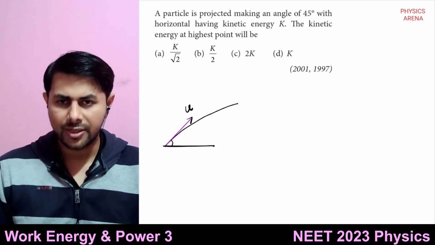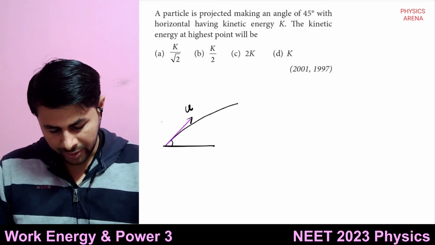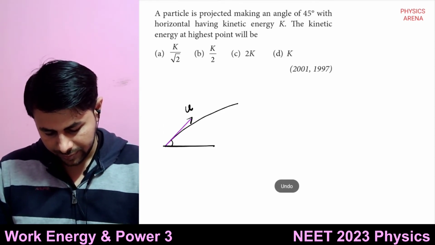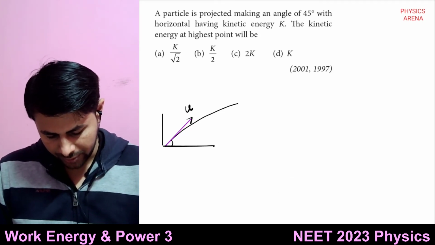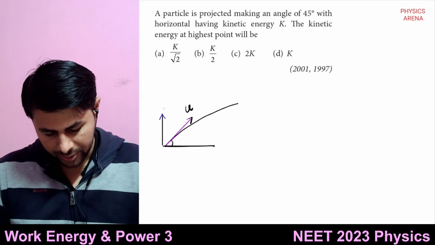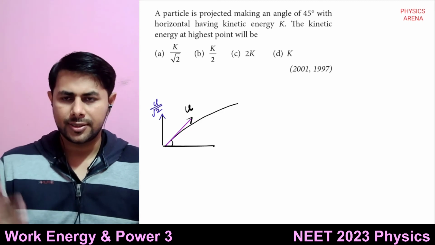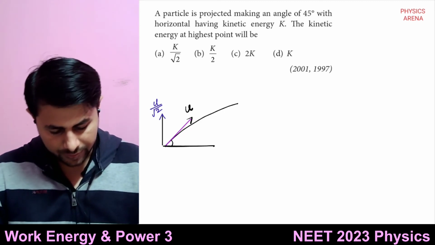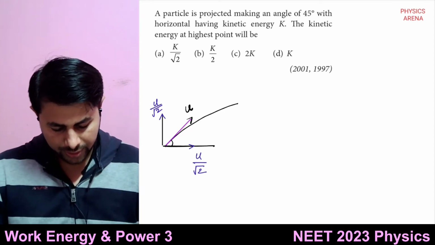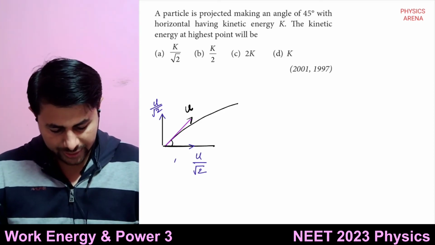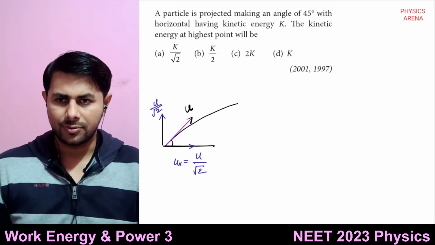For 45 degrees, cos theta and sin theta are equal, it is 1 upon root 2, 1 upon root 2. So this will be u sin theta, that is u upon root 2, because sine of 45 is 1 upon root 2, and this will be u cos theta, which is 1 upon root 2. So x component of velocity is u upon root 2, y component of velocity is also u upon root 2.